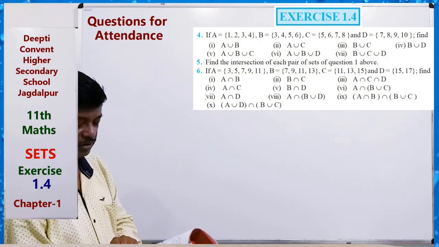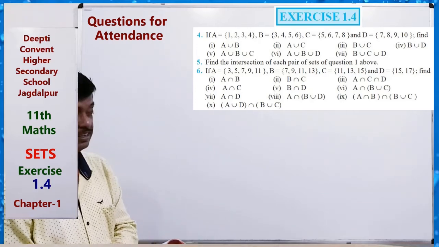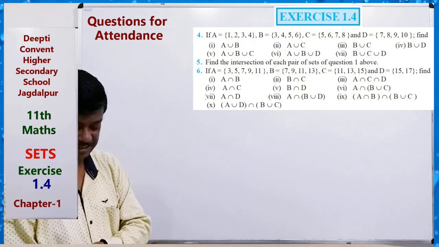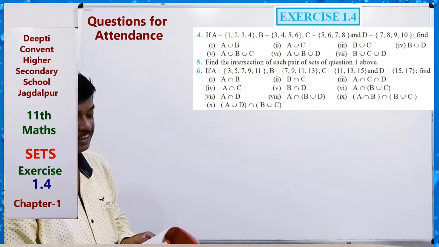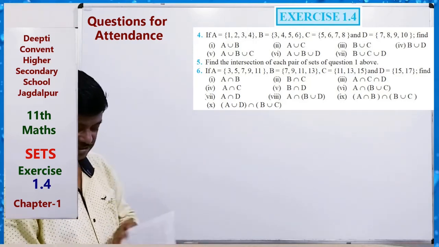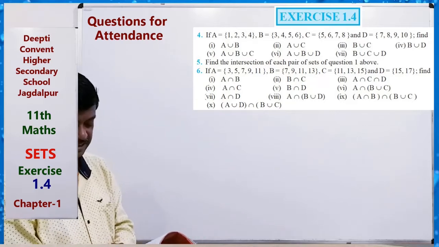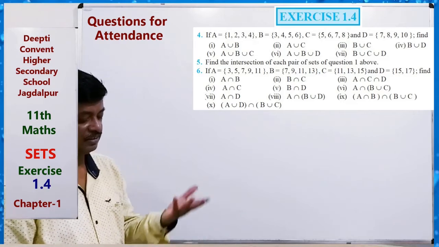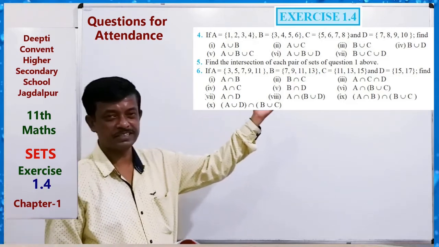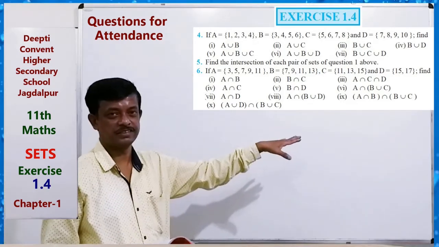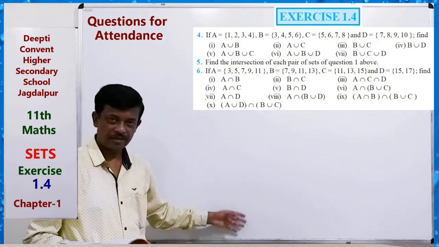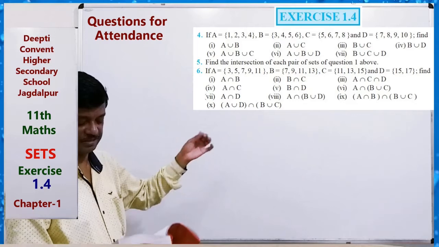You have to write their intersection. In each question there are 2 sets, so you have to write intersections. In question 4 we found union, and question 5 says also find intersection. We have already discussed finding union, so also find intersection.